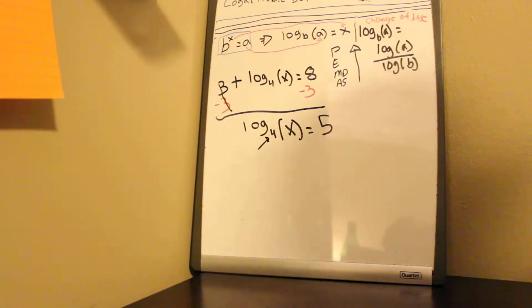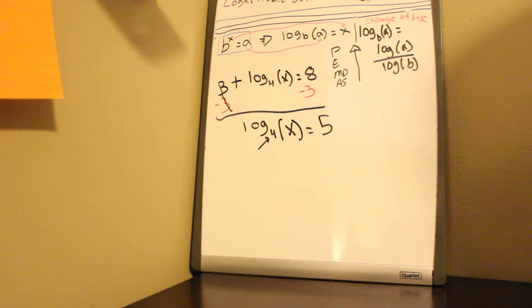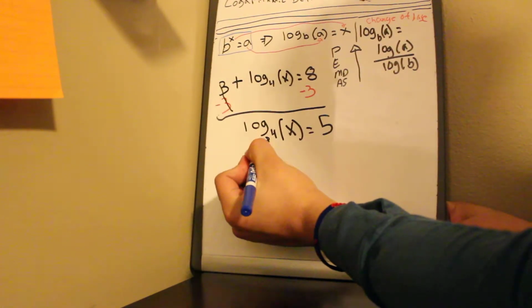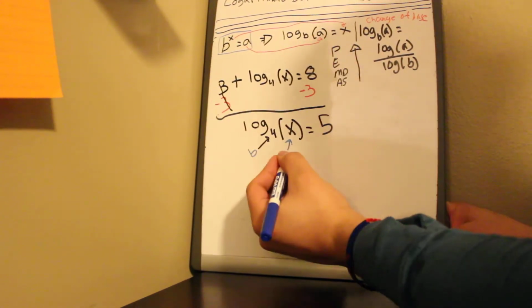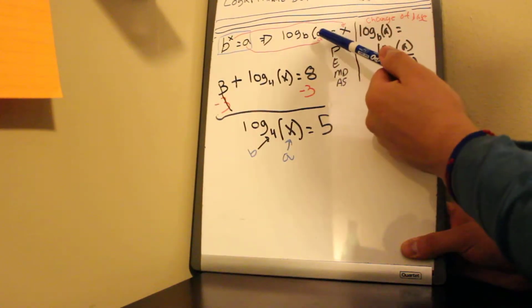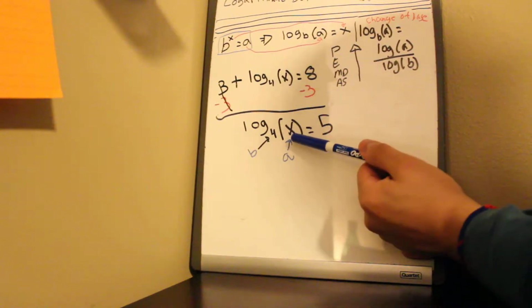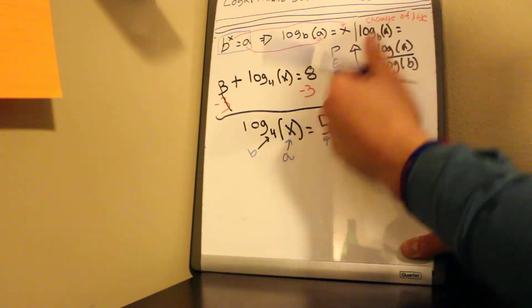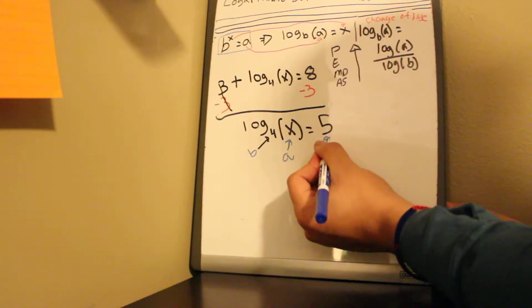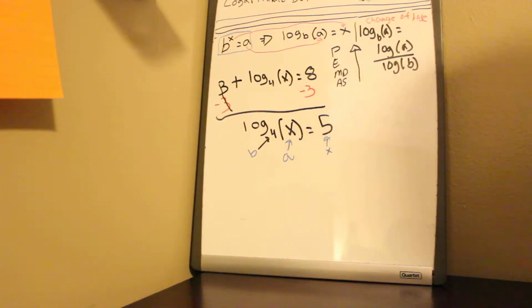Let me use a different color. This is our base. This is our input, a. I'm just labeling it just like up here. The input in here is a, so our a is our x, our base is our 4, and then the value out here, which is really our output, is 5.